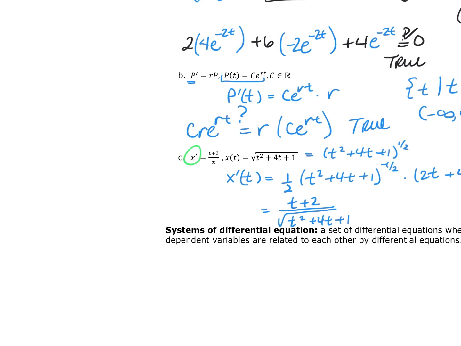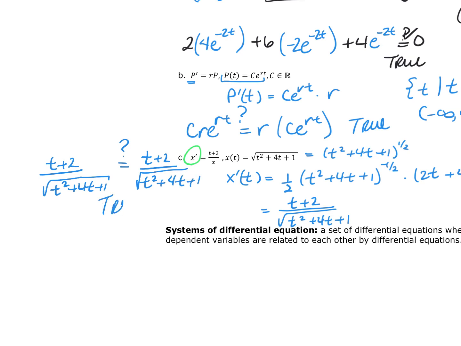So the left side is t plus 2 over the square root of t squared plus 4t plus 1. We ask ourselves, is this equal to t plus 2 over x? Well, x happens to be the square root of t squared plus 4t plus 1. So the answer is yes, this is true.